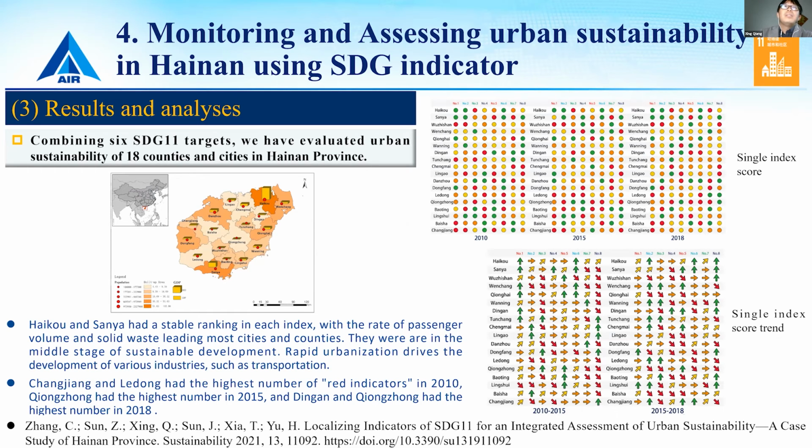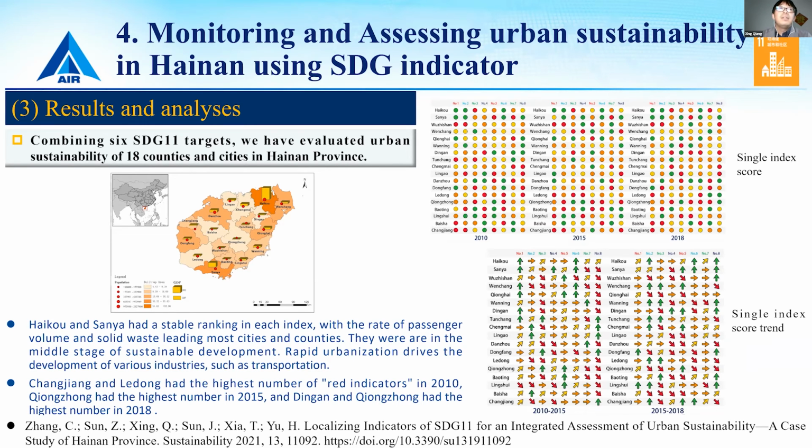We connect the Hainan city and county level data for six SDG 11 targets, using remote sensing and local statistics and field data to assess the 18 counties and cities in Hainan province. We also make a dashboard for each county at county level for single index and also for their trend.